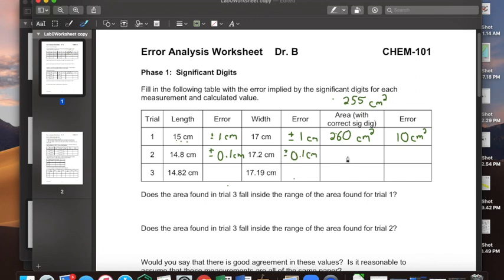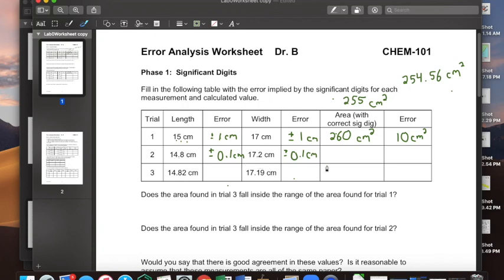Now we'll go ahead and calculate that. 14.8 times 17.2. My calculator tells me that it is 254.56 centimeters squared. So that is 5 significant digits. I should not be using all 5 of those significant digits though, because I multiplied something with 3 by something else with 3.